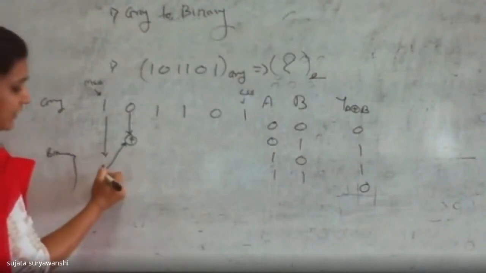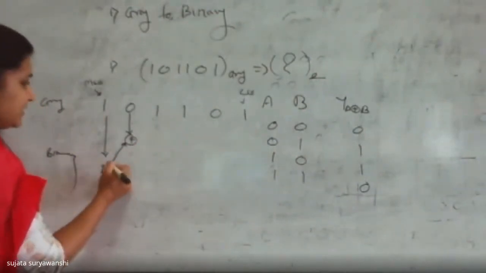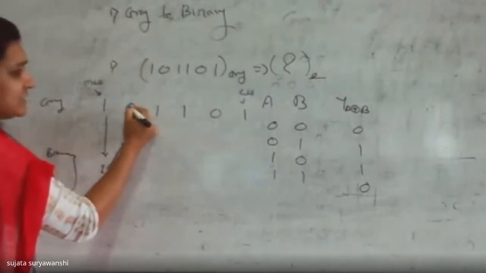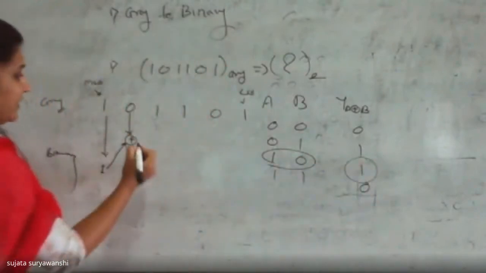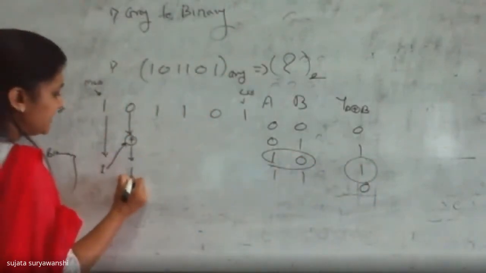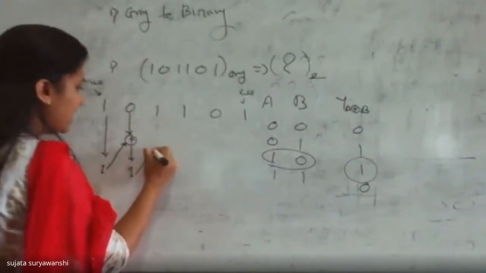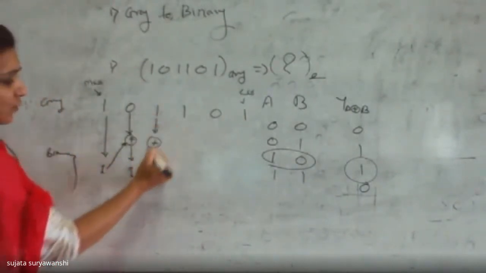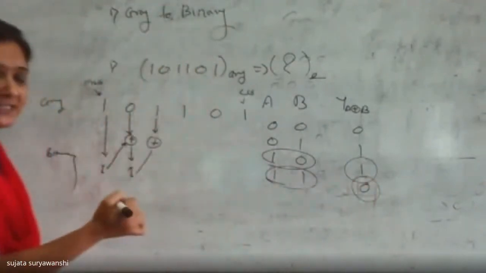That is, you perform the XOR operation of this first binary bit with the next gray bit. That is 1 XOR 0, your result is 1. So put that result here. Now again consider this one and XOR it with the next gray bit, that is 1. 1 XOR 1, your result is 0.